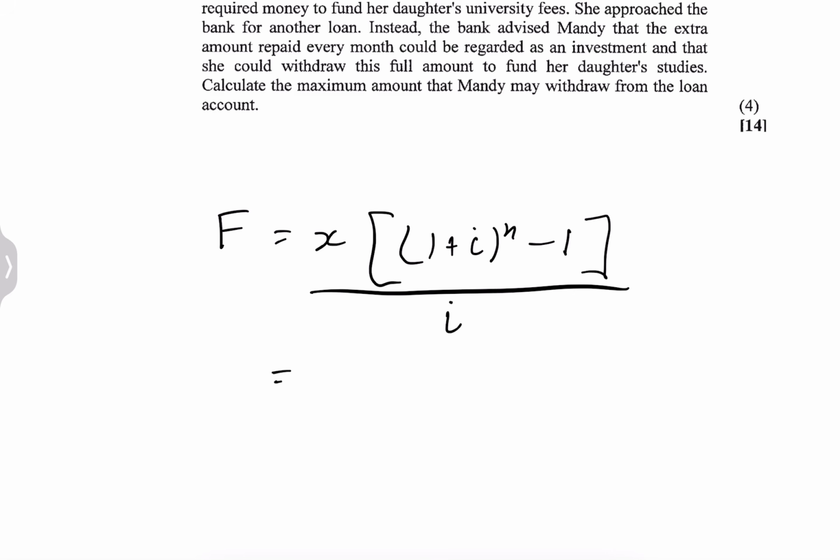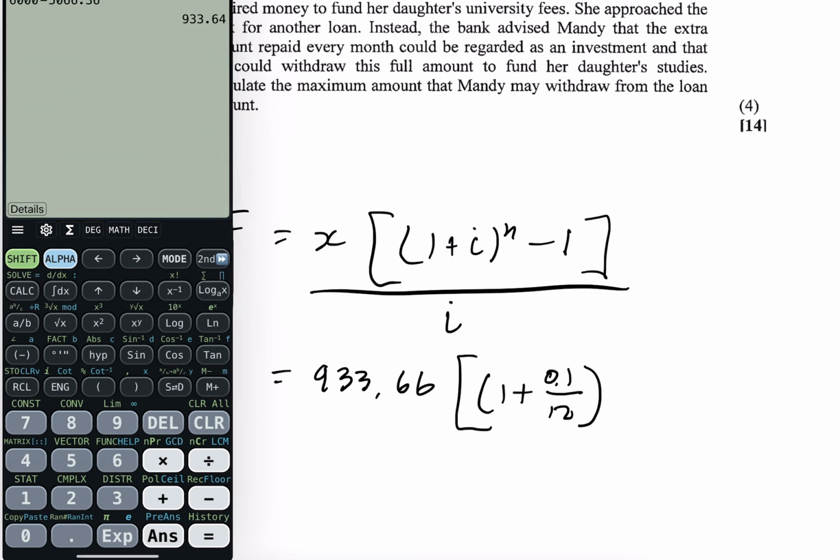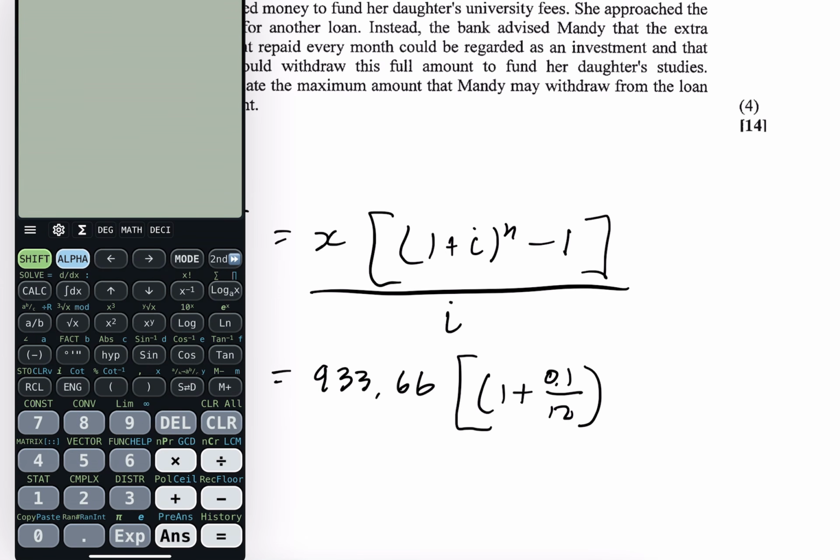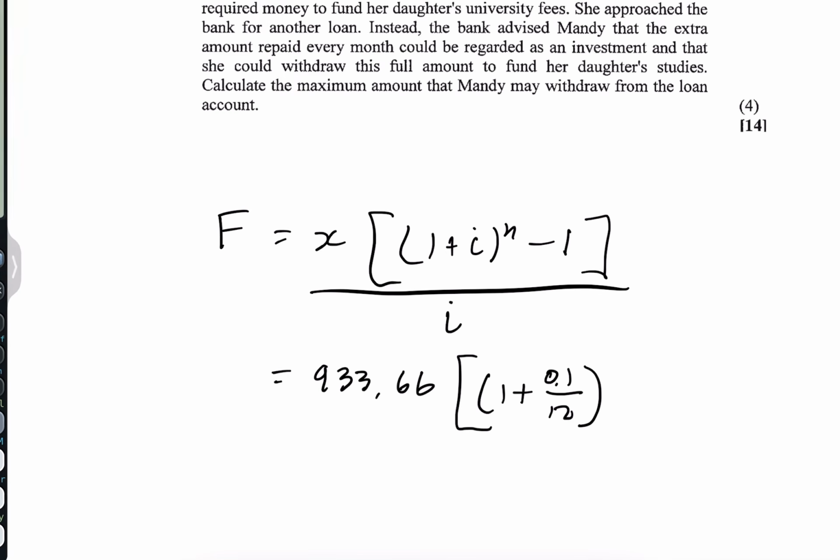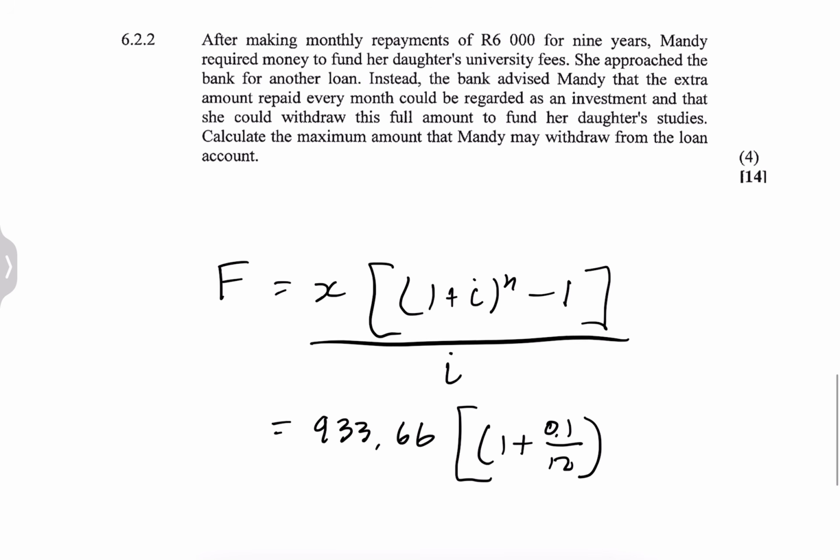She's investing 933 and 64 cents. It's at 10%, so that's 0.1, over 12. Now I just need to find out how much is 9 years. She had been investing for 9 years.